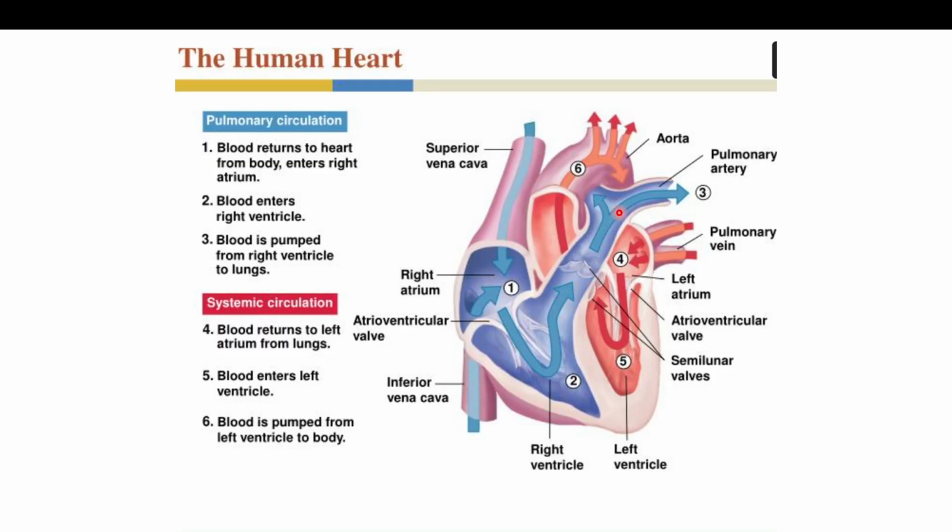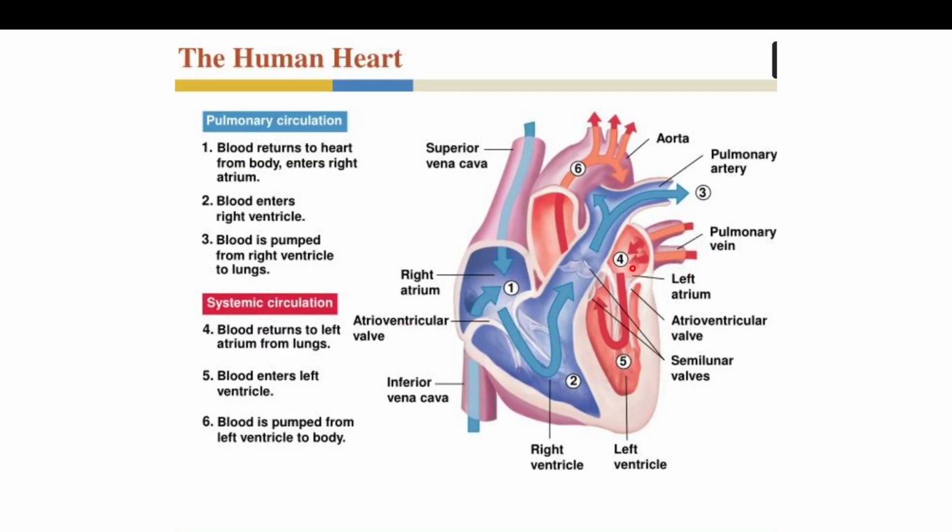The flow from the right ventricle to the pulmonary artery is controlled by valves here, which are half-moon-shaped valves. That's why they are called semilunar valves. And then finally, it enters the systemic circulation, where blood returns to the left atrium from the lungs.